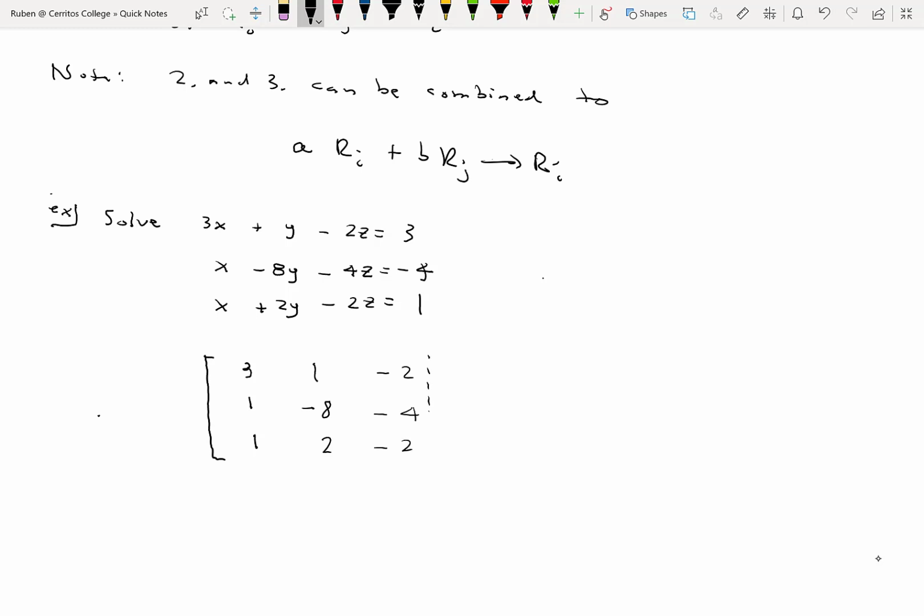I'm putting a little dotted line here. This is optional. Some textbooks put it in, some don't. I put it in because I like it; it reminds me of the separation between the coefficients of the variables and the constant terms in the system. Okay, so what's the idea? Well, the idea, remember, is to have x, y, and z isolated.